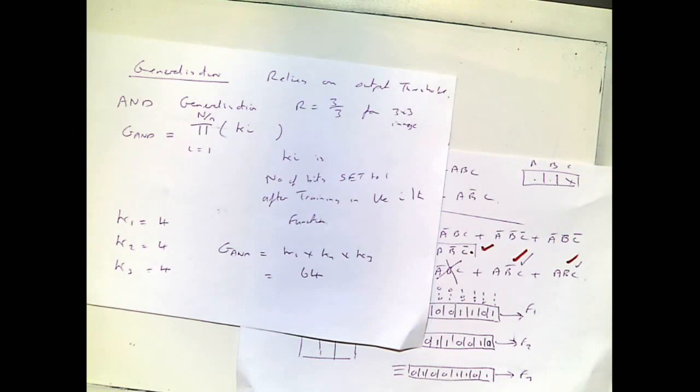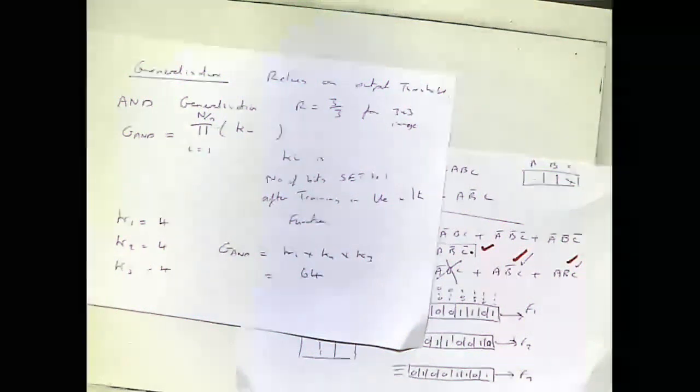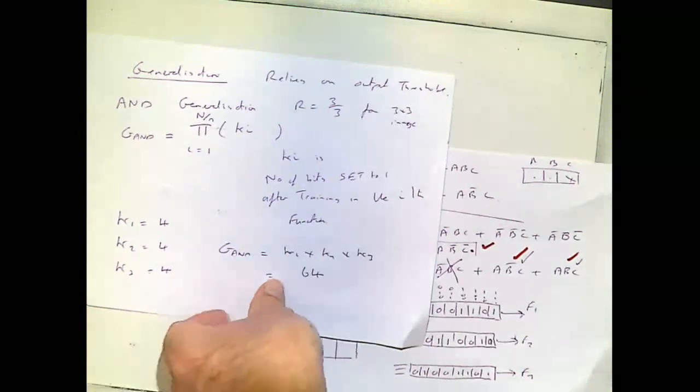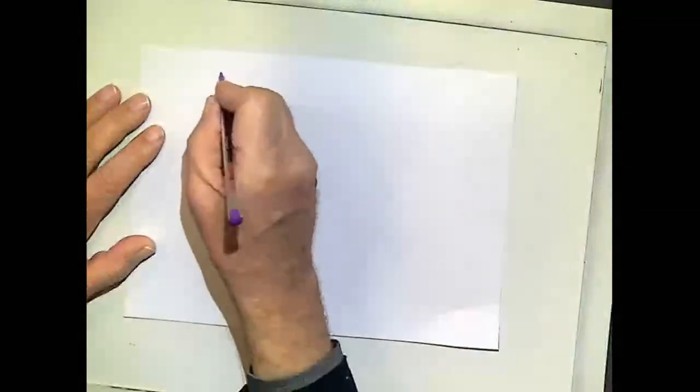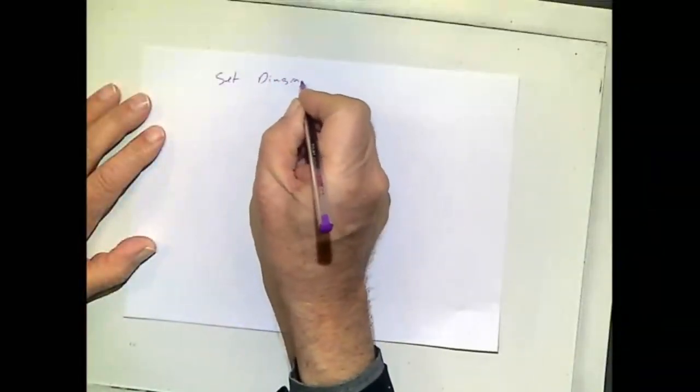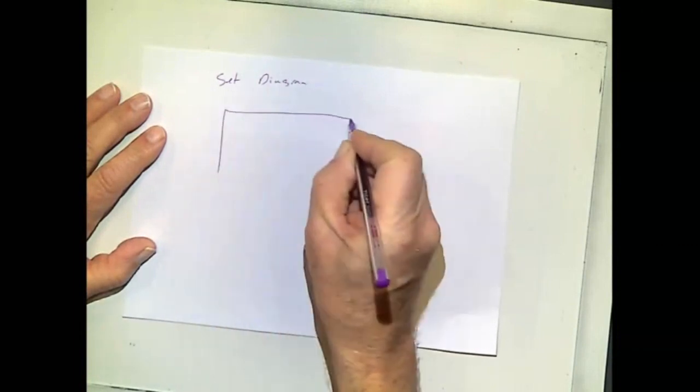If it's recognizing 64 patterns, remember I gave you a set diagram last time of the behavior of these. So if we have the set diagram, there is your universe.